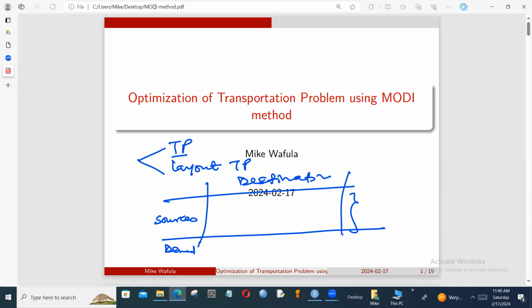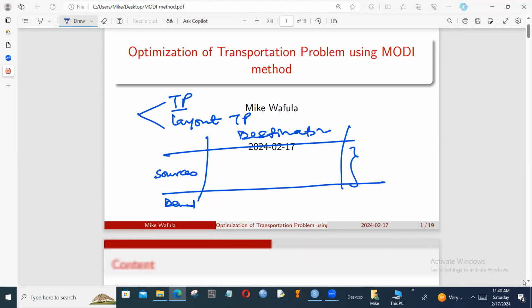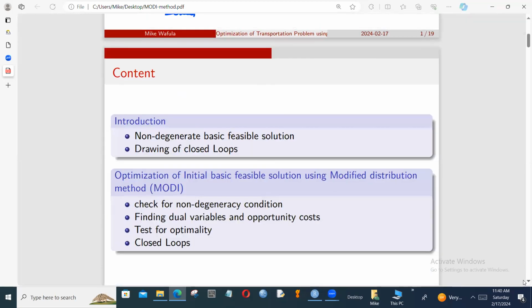One key thing we emphasized is that to solve a problem using the transportation problem approach, you have to go through phases. The first phase requires us to determine what we call the initial basic feasible solution.